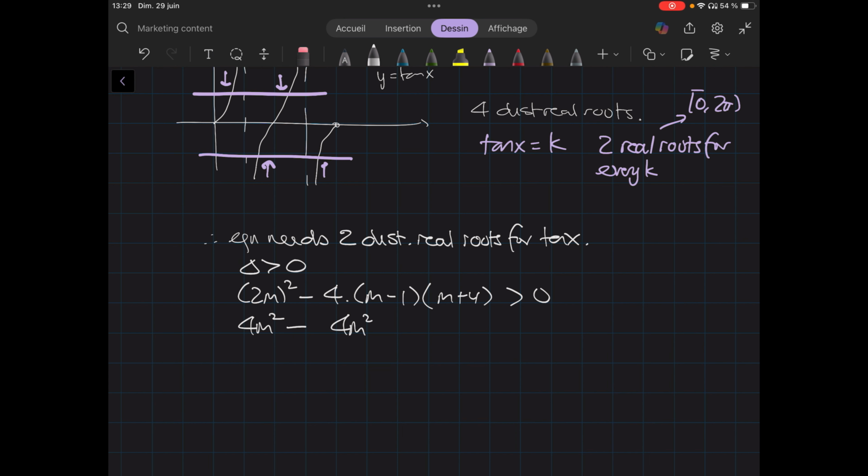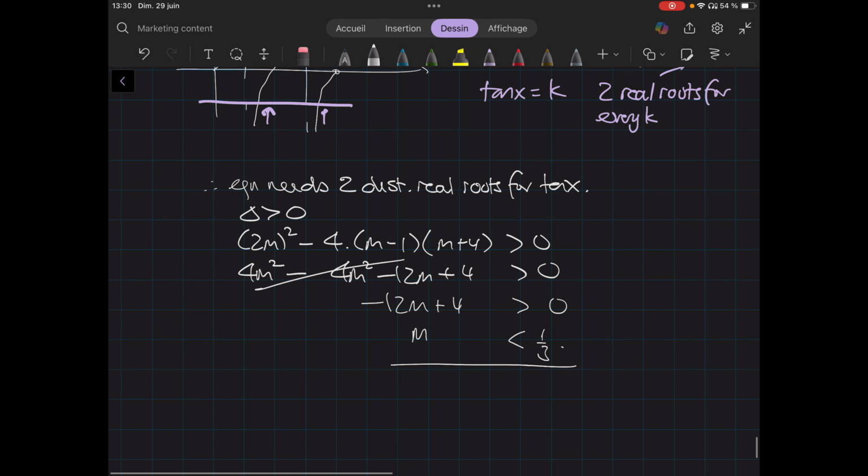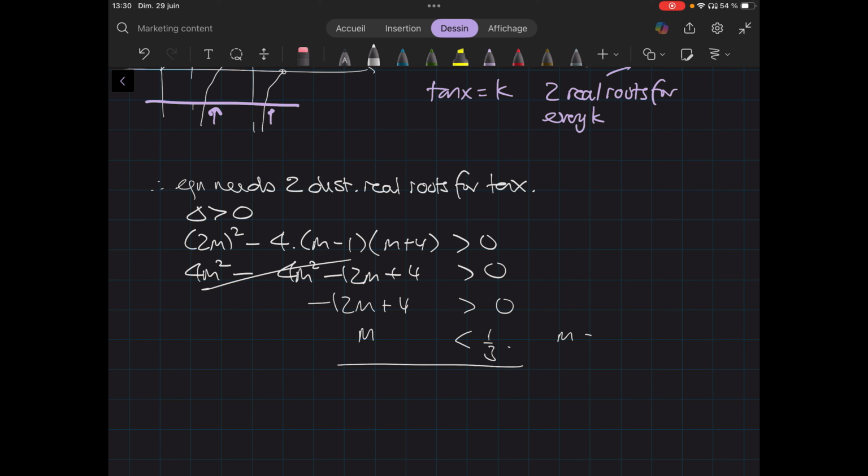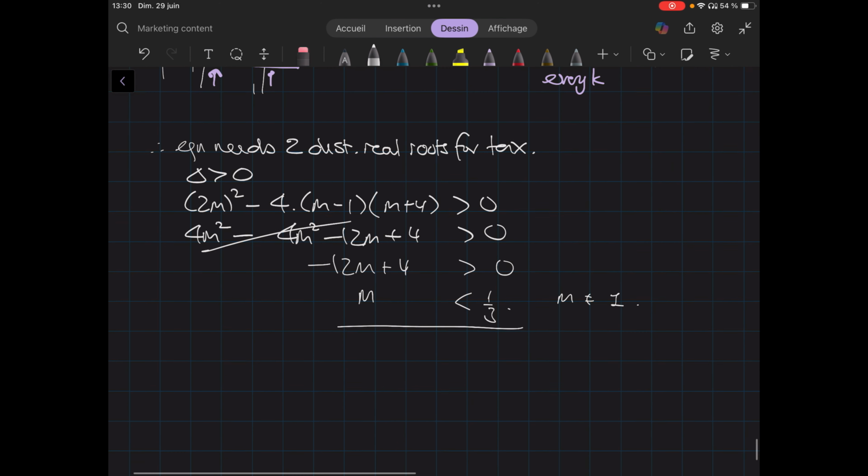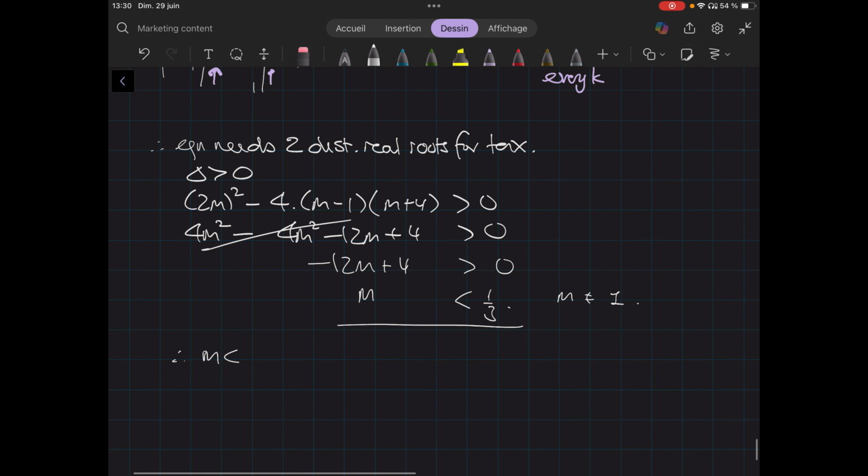And the rest is basic algebra. Minus 1 plus 4, that's plus 3. Plus plus. Gone. And by definition, m is also not equal to 1, so we're good to go. Therefore, as long as m is less than 1/3, the equation will have 4 distinct real roots. And that is the end of the test.